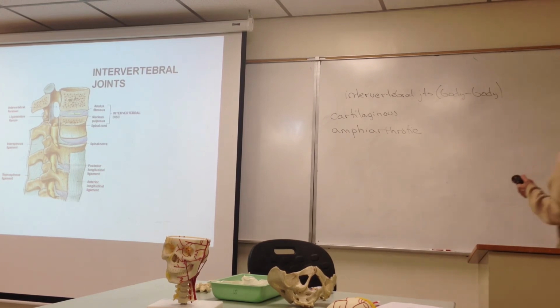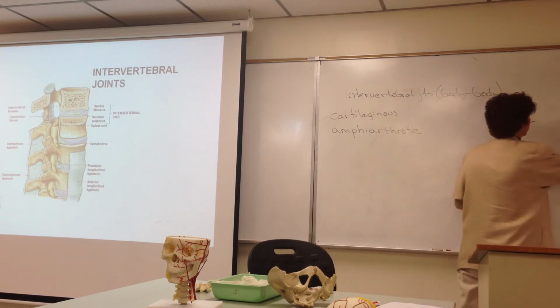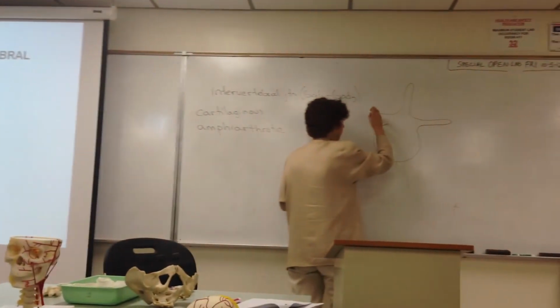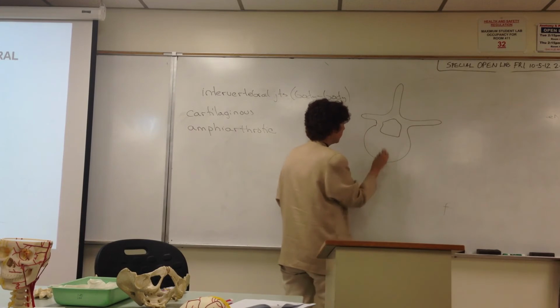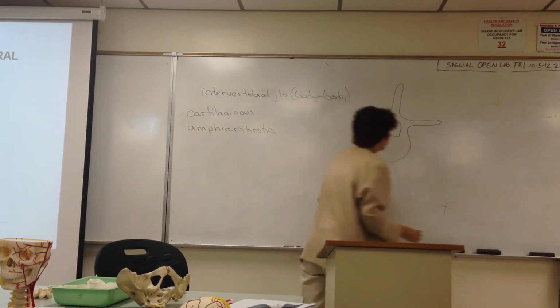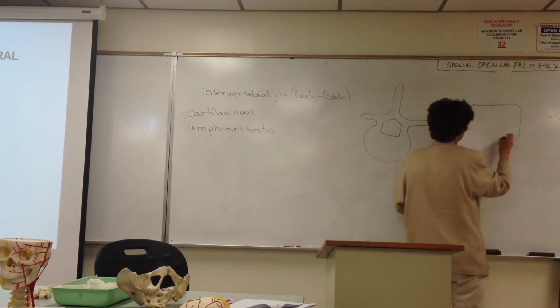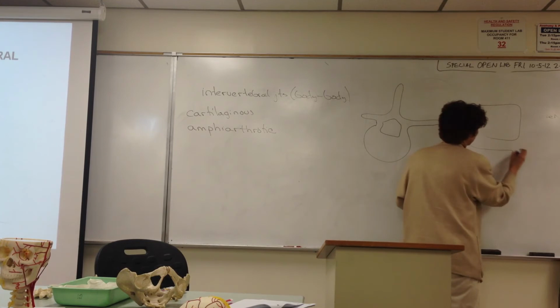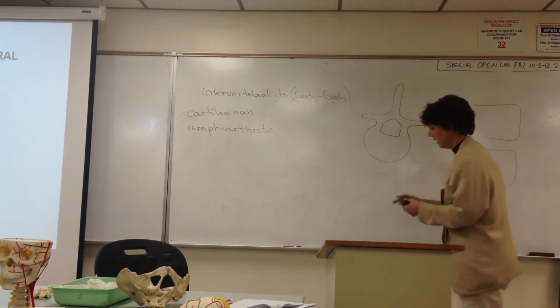But if I draw here, vertebra to vertebra, we have a very broad ligament running down the anterior surface of the body.